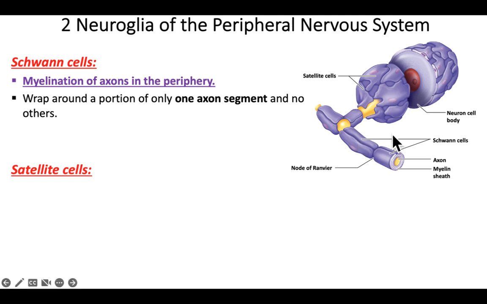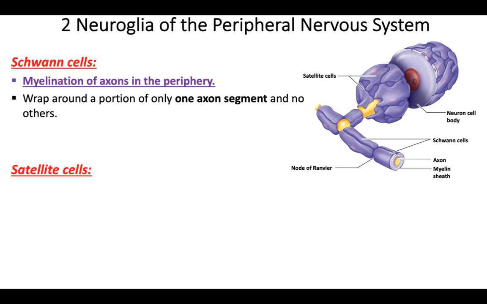All right, so here's an axon of a neuron, and there's the one Schwann cell wrapped around its axon. And then here's another one here. So in the PNS, it takes many Schwann cells to myelinate just one neuron. Whereas in the CNS, you can use an oligodendrocyte to myelinate multiple neurons.